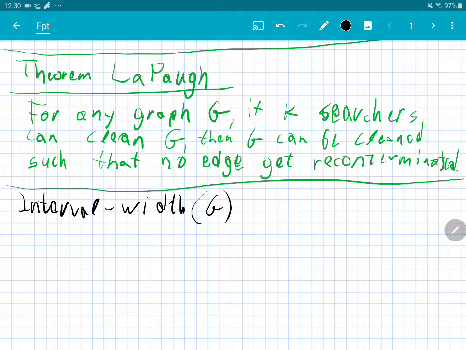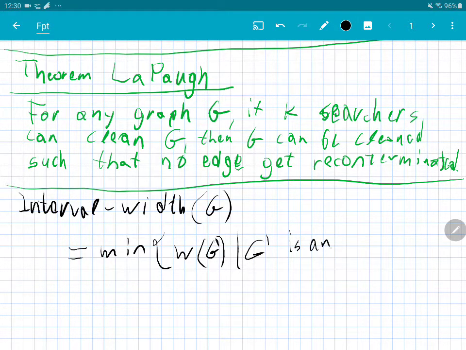So interval width of G is equal to the minimum of the width of G prime such that G prime is an interval graph and G is contained in G prime.